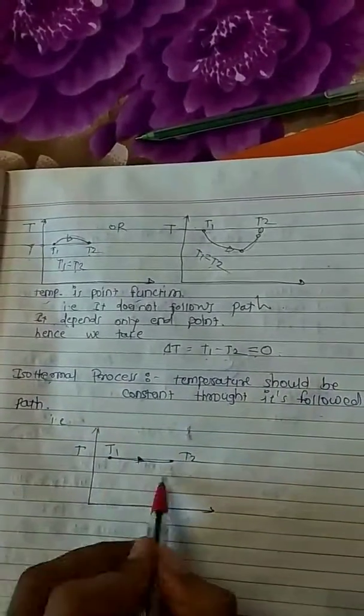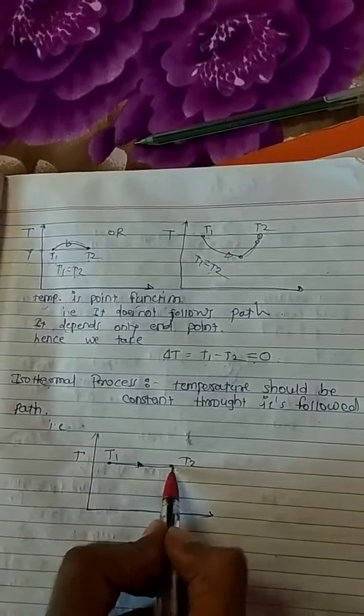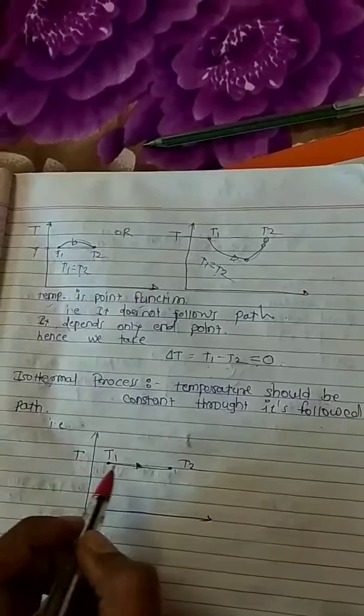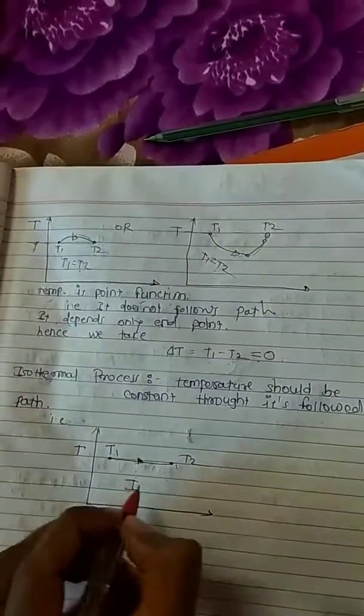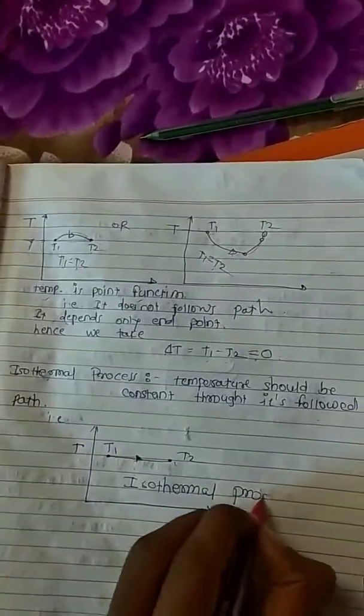If the temperature is constant throughout the process, that gives a straight line graph, and this process is called an isothermal process.